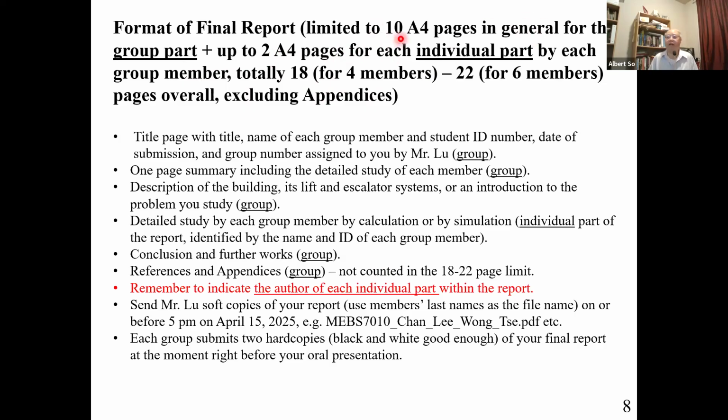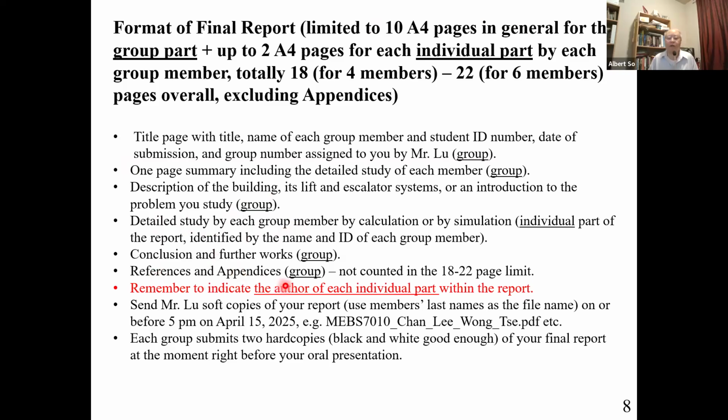These 10 A4 pages will consist of a title page with the name of each group member, ID numbers and group number, and a 1-page summary, including the study of each member as well as a summary only. Then a description of the building or the problem, with a detailed study by each group member, 2 pages for each member. Then conclusion and further work.